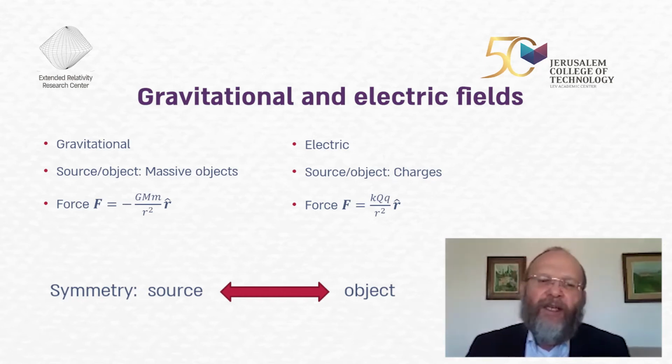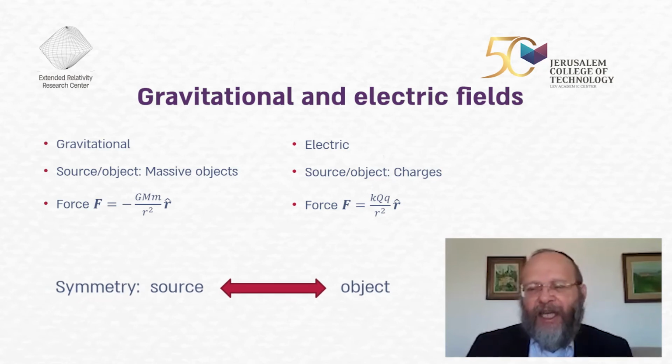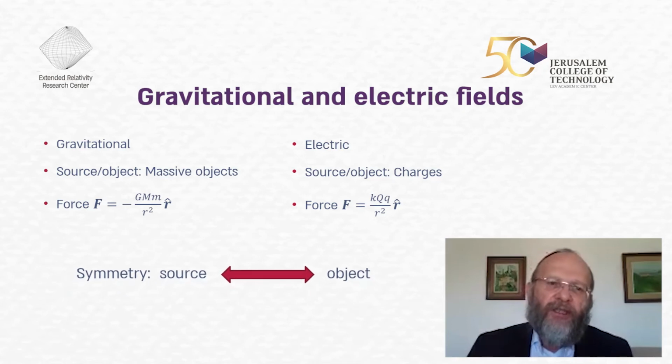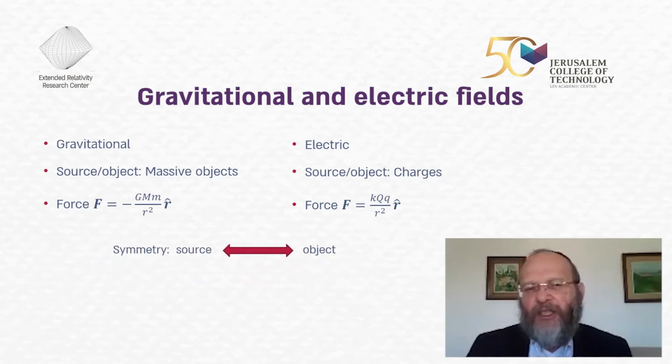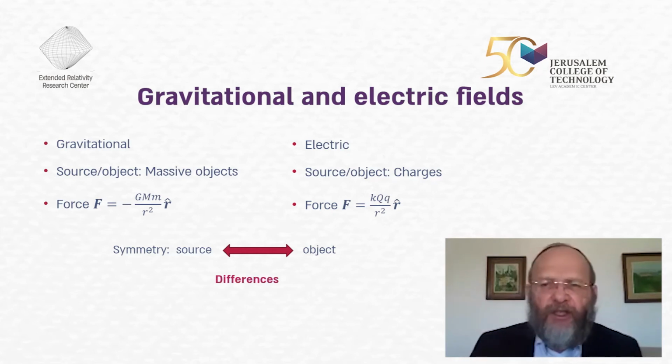So this is some kind of expression like Newton's third law, that the action of the source on the object is the same force as the object acts on the source. So it looks like they're very similar, but there are differences. And the differences should be understood better, but let's see what they are.